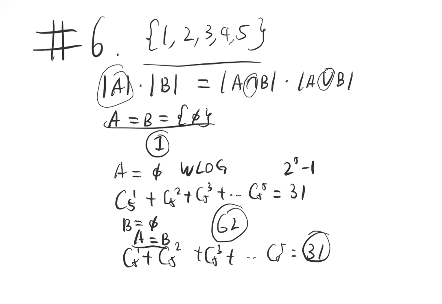I found out that the intersection of A and B has to be equal to one of A and B, which means one of them has to be a subset of the other one. So let's say A is a subset of B first.